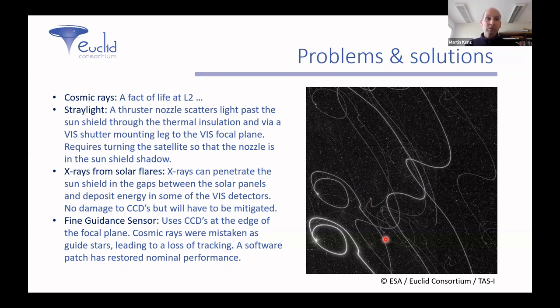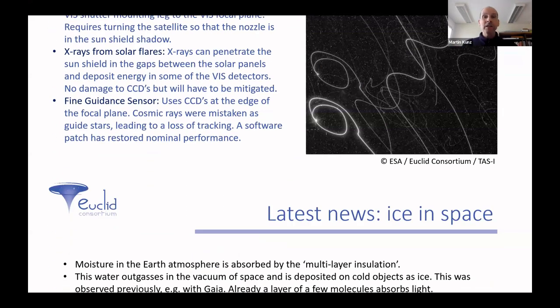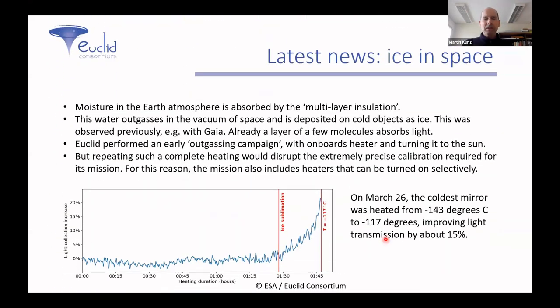Okay, so all of these problems were solved. And then the latest news was that another problem appeared that was expected to appear. And that's the fact that the satellite is put together on Earth. And so automatically there is Earth air inside, and the air on Earth contains water.